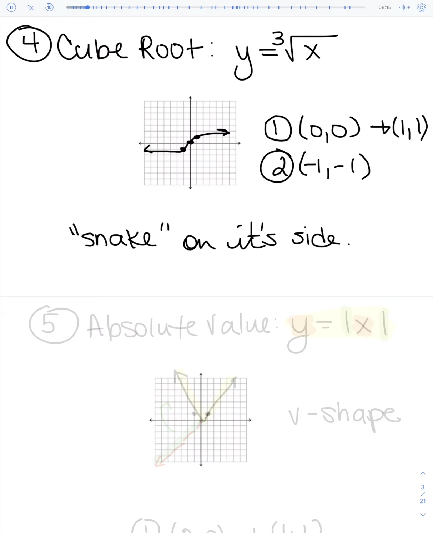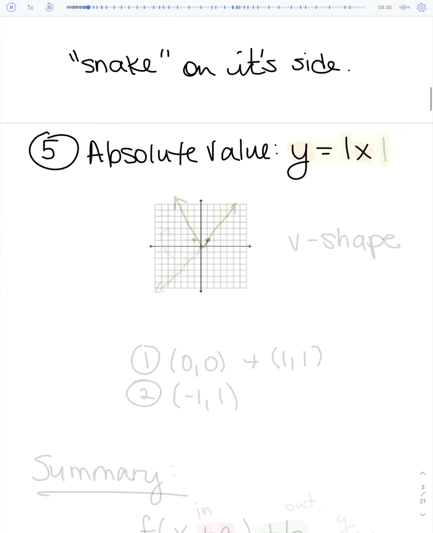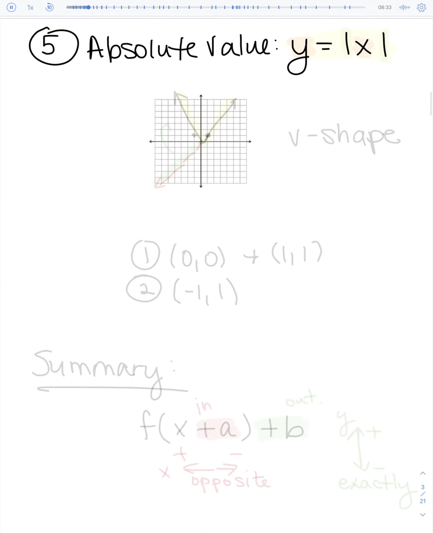Last graph that we're going to use is the absolute value graph. And the absolute value graph is y equals, and then the absolute value bars, remember, go around the x. They're like little up and down bars. Let's see what that one looks like. The absolute value graph is going to start off by going through the same points, the 0, 0, the 1, 1, and just like the parabola, the negative 1, positive 1.